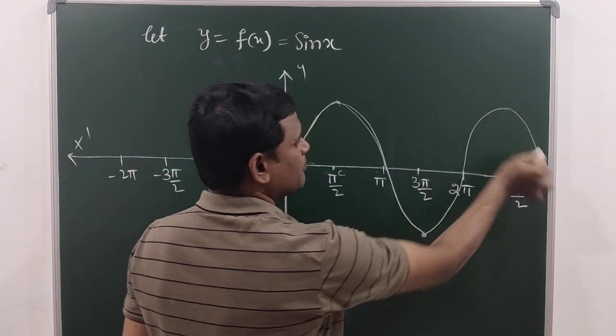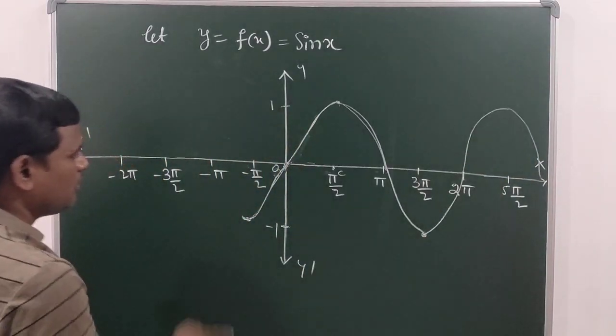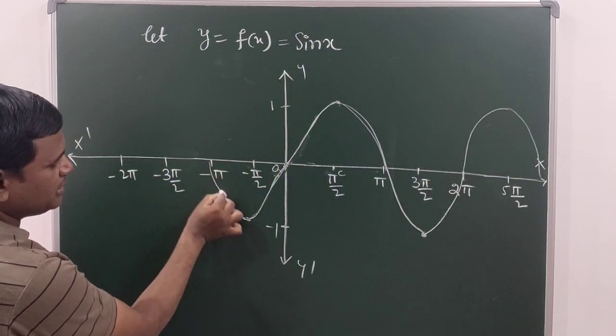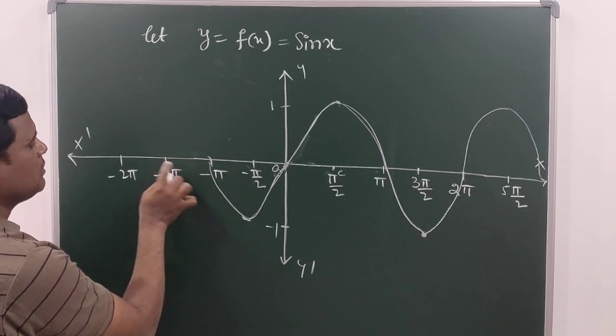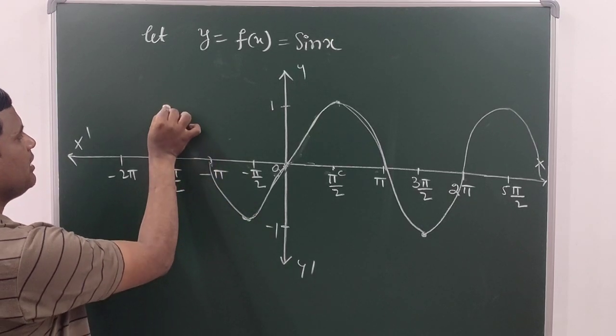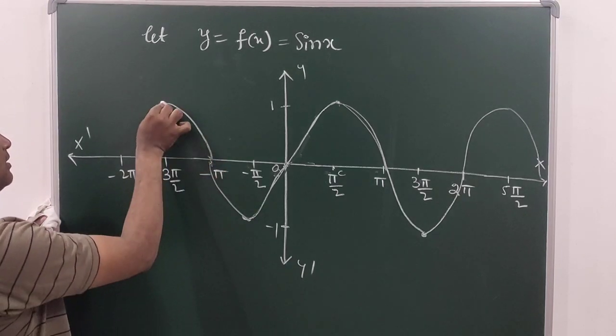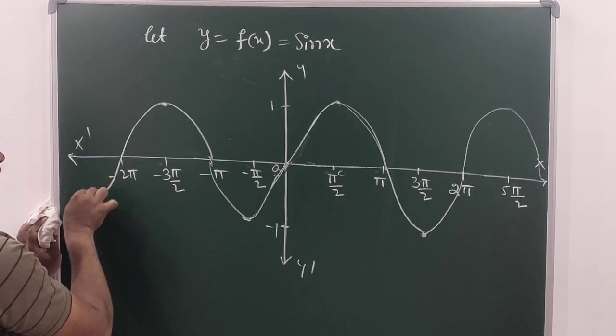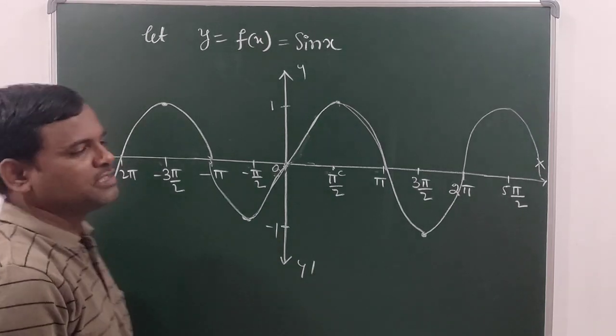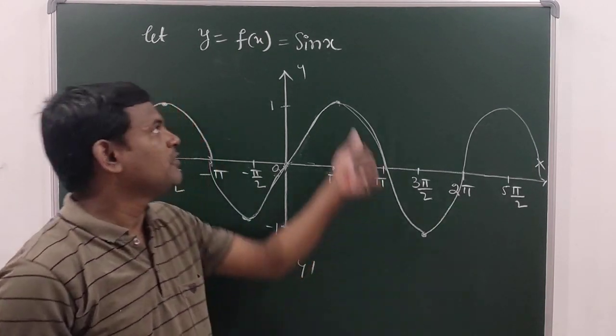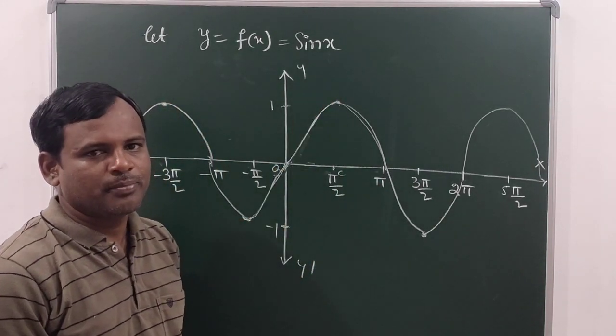On the left side also, you get the graph like this. In this interval, it attains its minimum at 270. See here. This is the graph of the sine function.